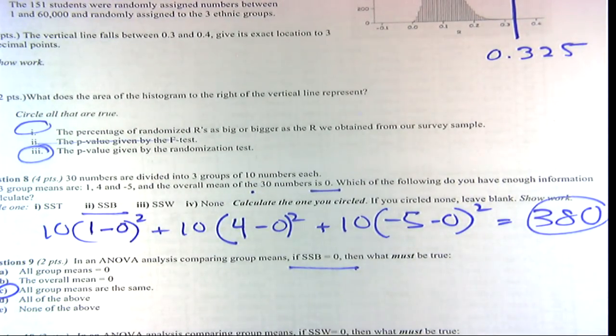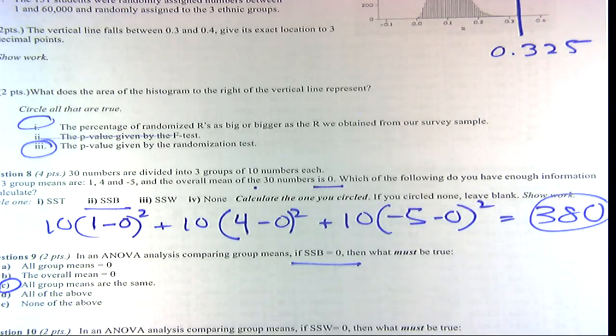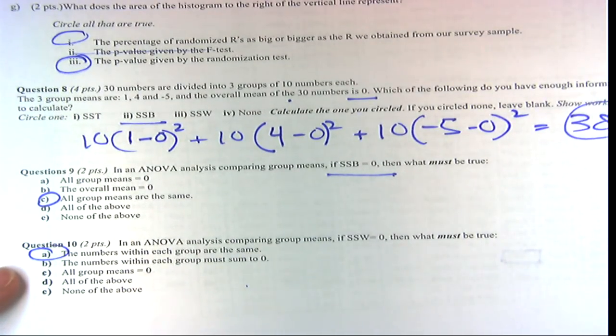If the sum of squares within is 0, that means there's no spread within each group. So every single point is at its group mean. The numbers within each group are the same.